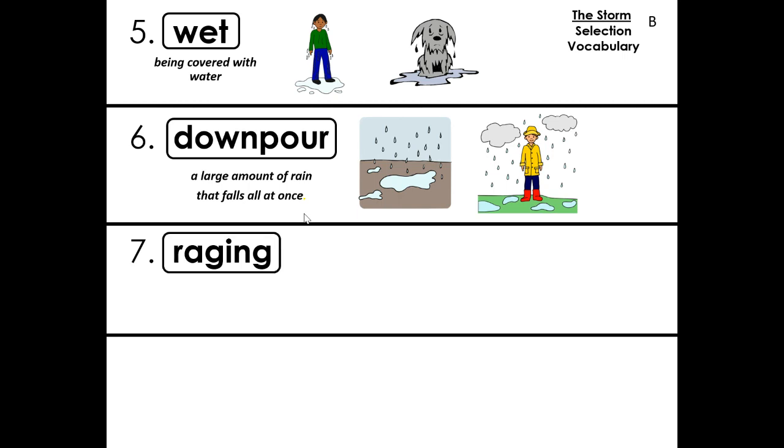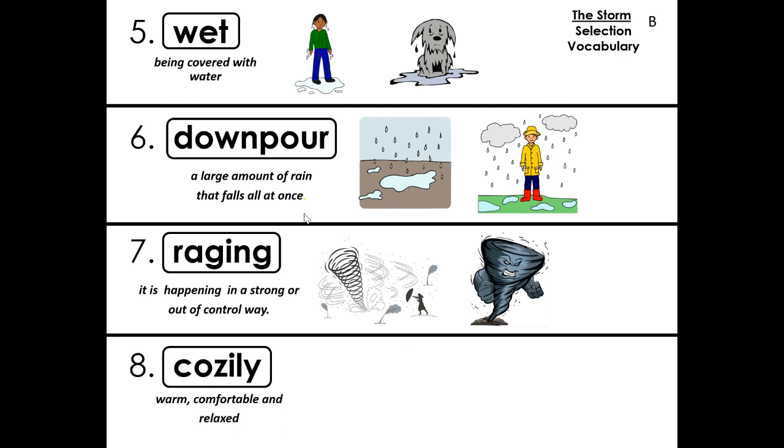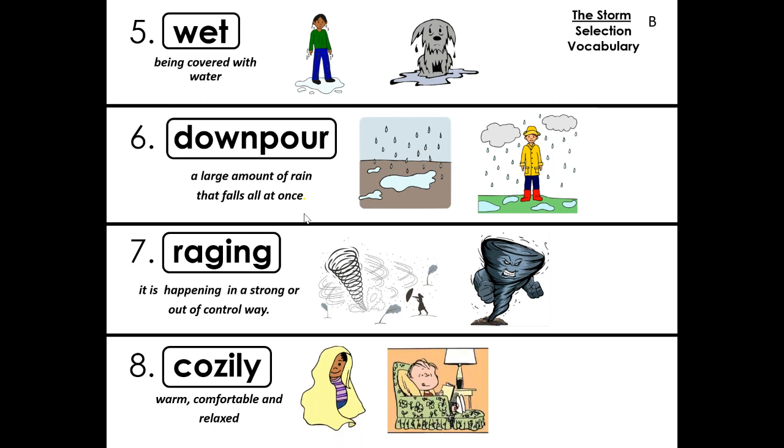It comes from the root word rage. It is happening in a strong or out of control way. And number 8, cozily. Warm, comfortable, and relaxed. If you need to, push pause and check your work.